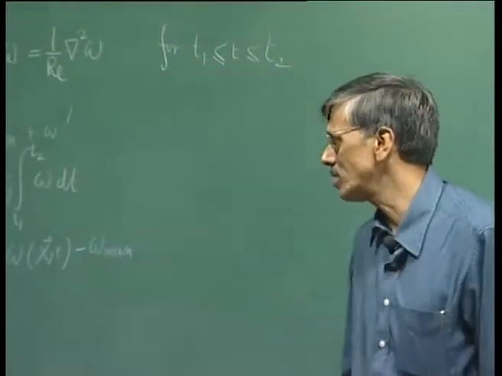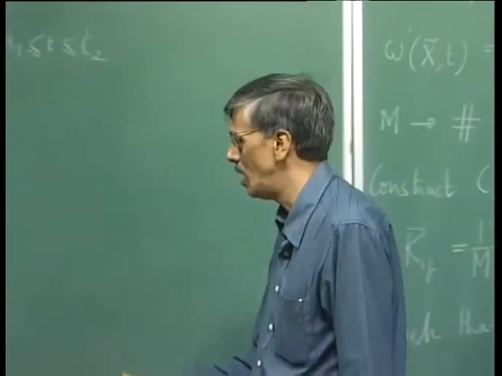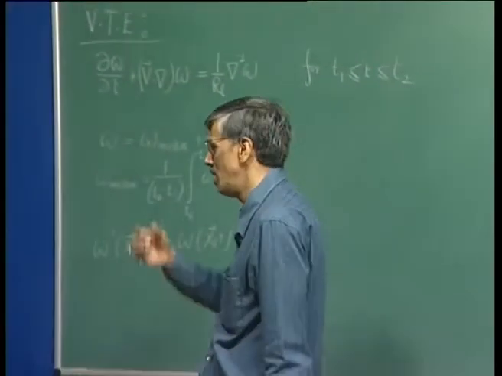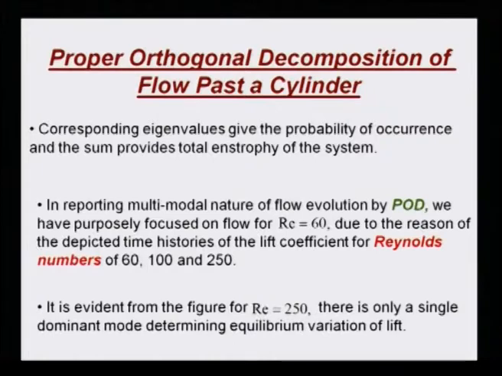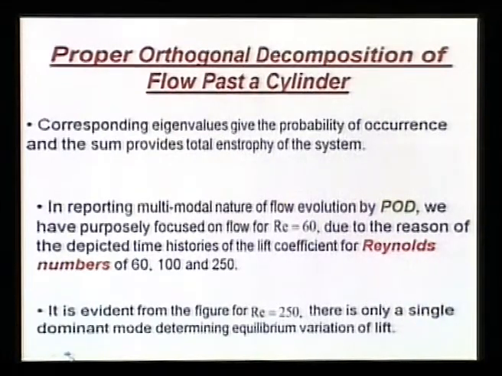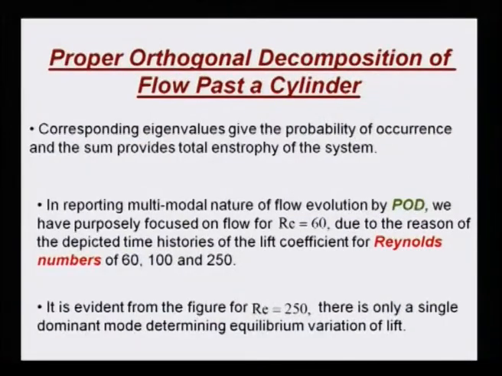Okay. So, this is how we are going to perform the analysis, POD analysis, by focusing our attention on the flow for r equal to 60, and I explained to you what is our main incentive. We are trying to establish why we get multiple Hopf bifurcation. Multiple Hopf bifurcation due to what?